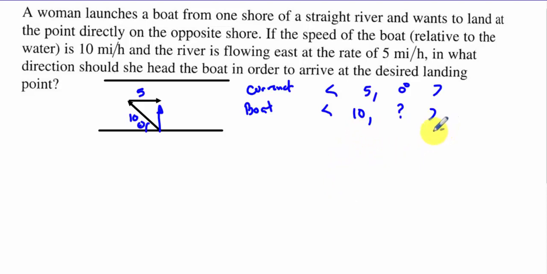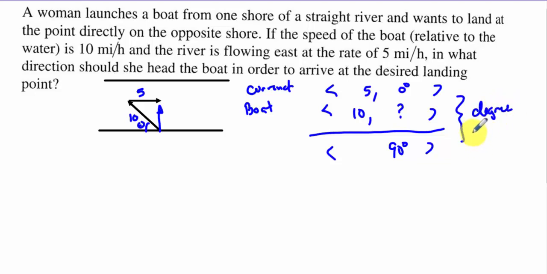And then in the end, we know that we have some unknown resultant, and we do know that we have an angle of 90 degrees, like so. And this is all in degree mode or in polar form.